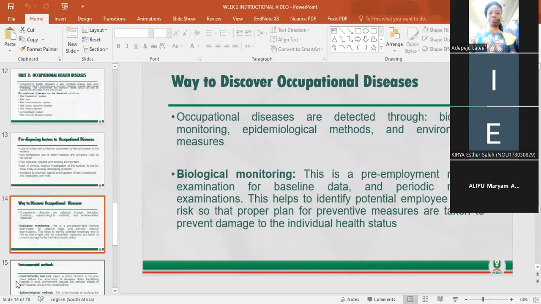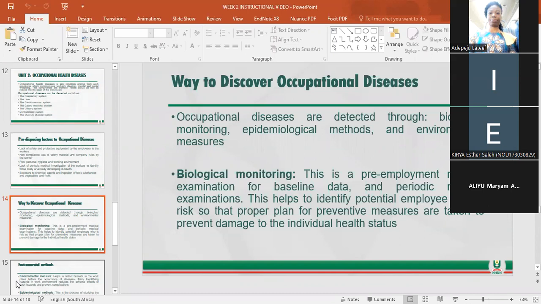What are the ways to discover occupational diseases? One, through biological monitoring, through epidemiological methods, and environmental measures. When we say biological monitoring, what do we actually mean?